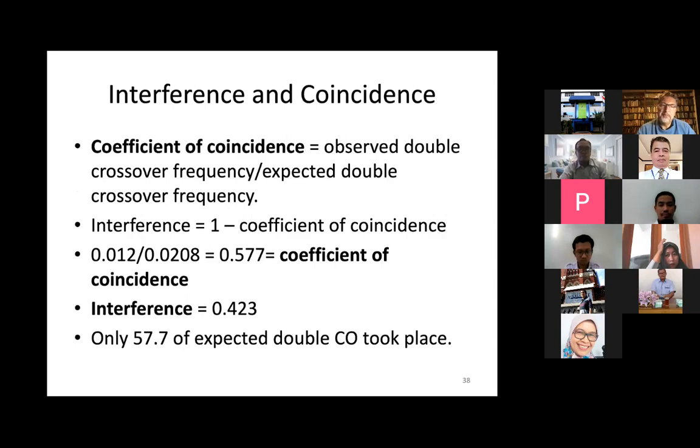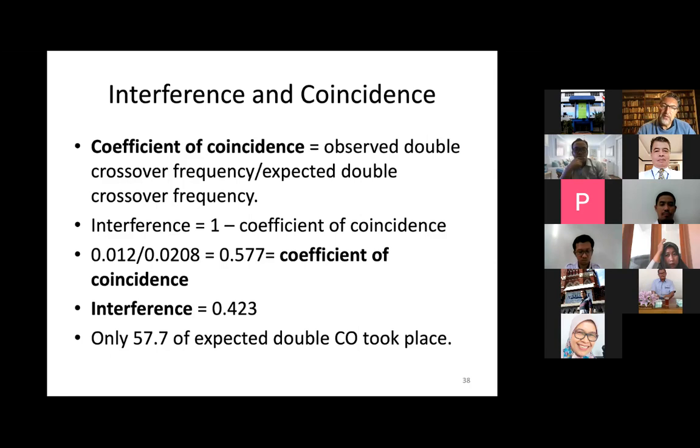So our coefficient of coincidence is 0.012, which is the observed double crossing over rate, over 0.0208, which was the expected double crossover rate. And we got a 0.577 value for the coefficient of coincidence. 1 minus that is 0.423. So our interference is 0.423.